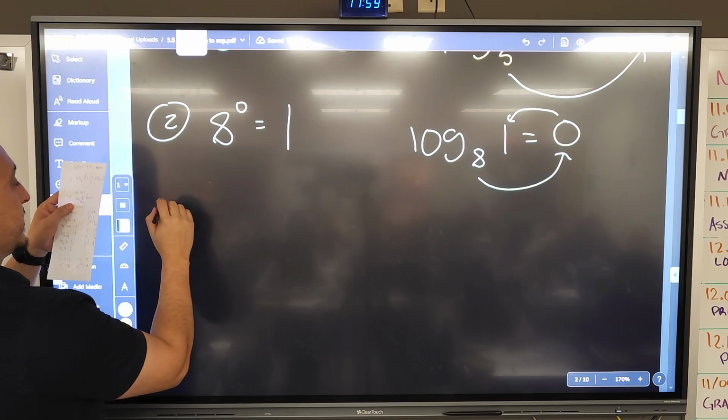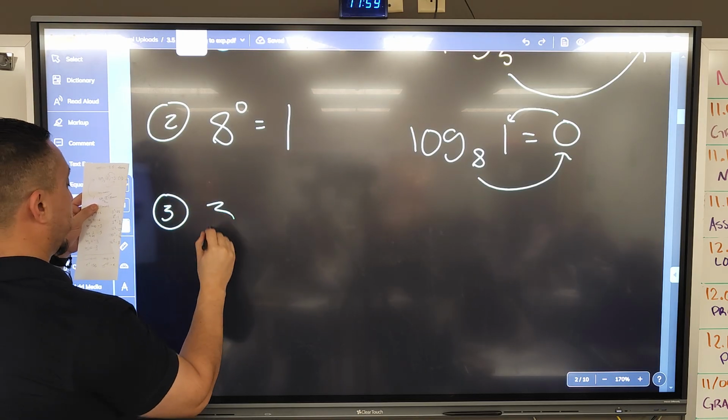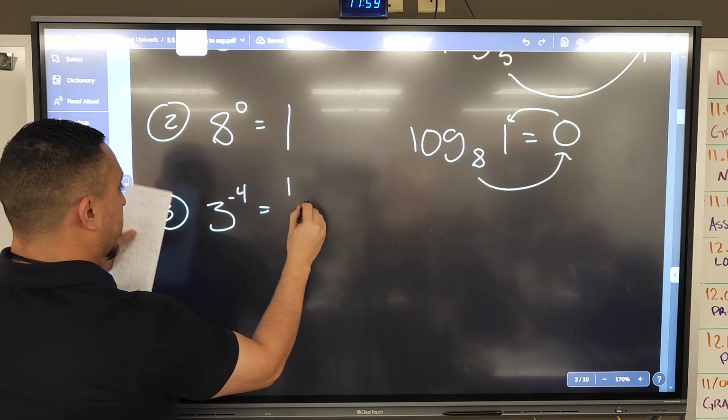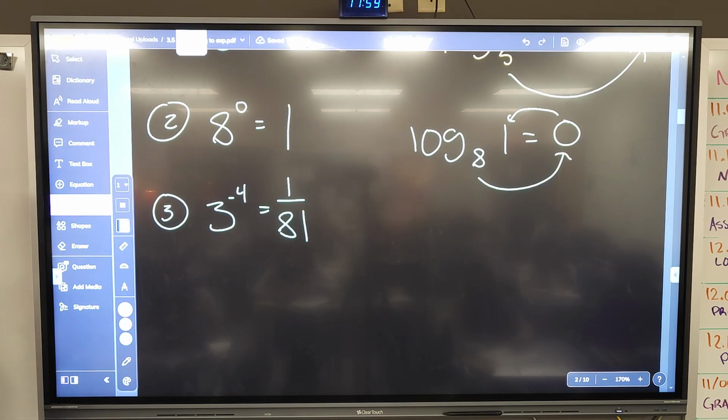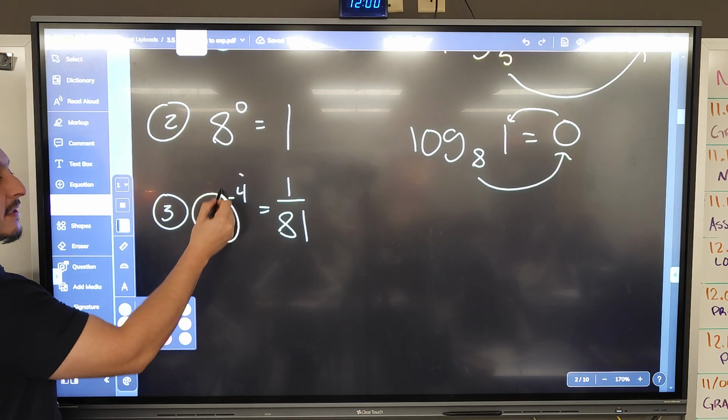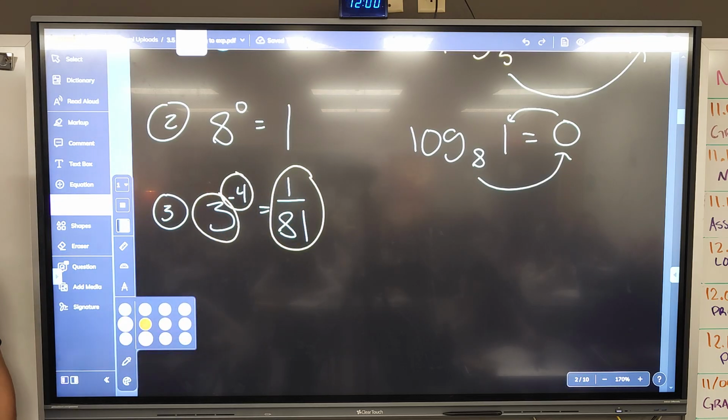Try this one, guys. It doesn't matter if they're fractions or whatever. All of this is still the base, that's still the exponent, that's still the answer. Okay. Whether it's a fraction or a number.